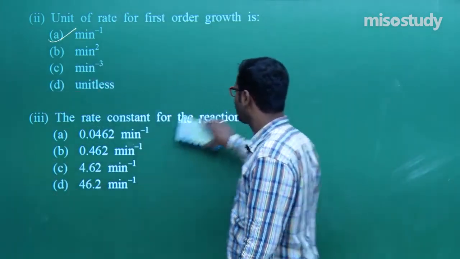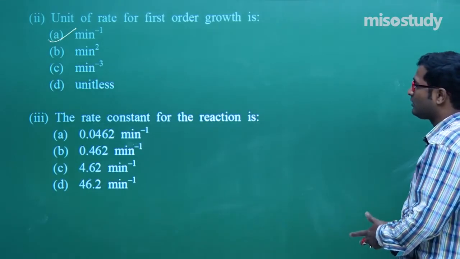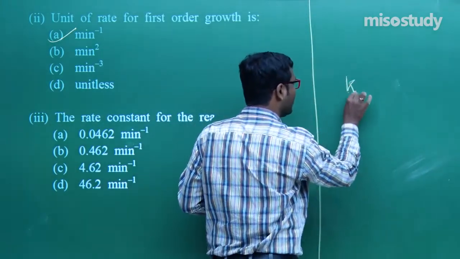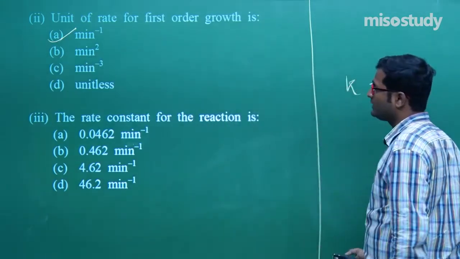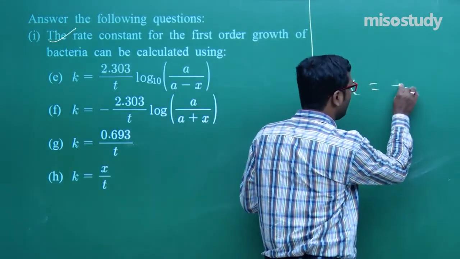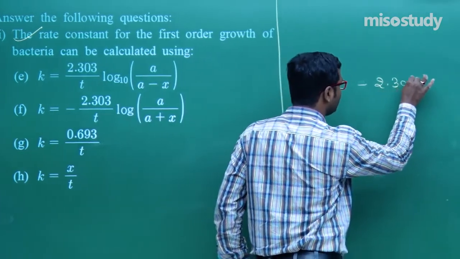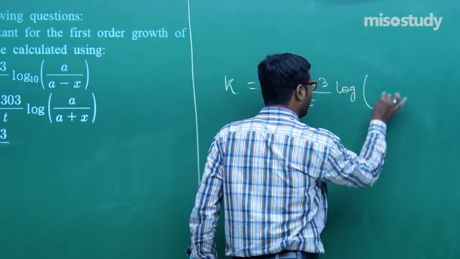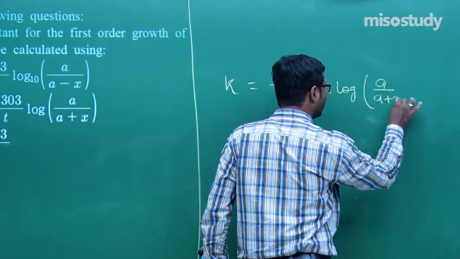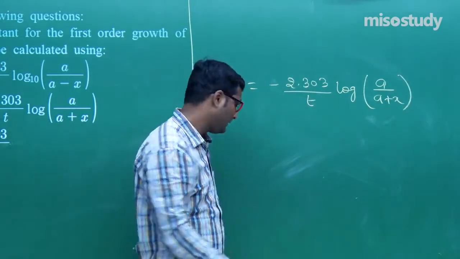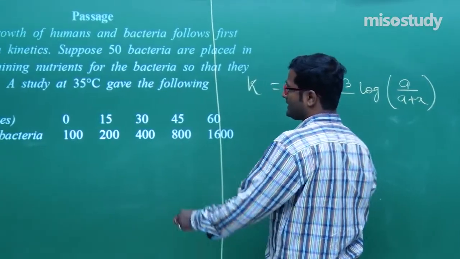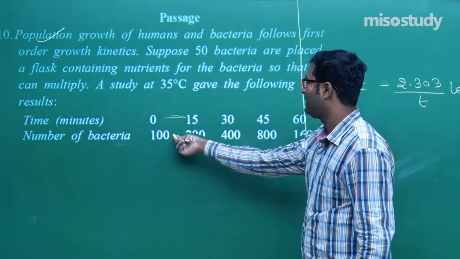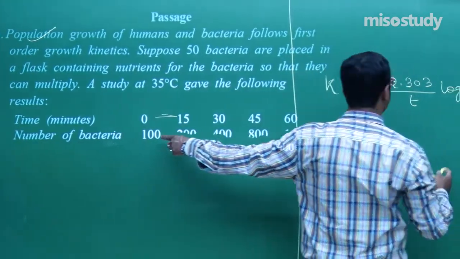Now, the rate constant is given here. As I told you, what is the expression for the rate constant? Check it out: K is equal to minus 2.303 upon T log A upon A plus X. Clear? Now, from the data, if I take this interval, 100 and 200, A is 100.